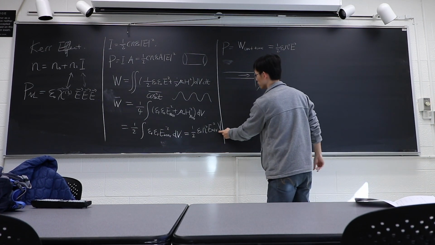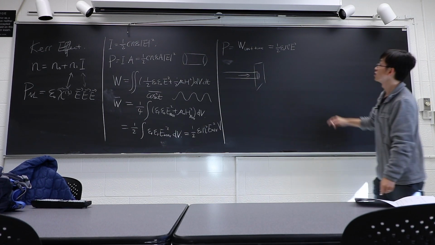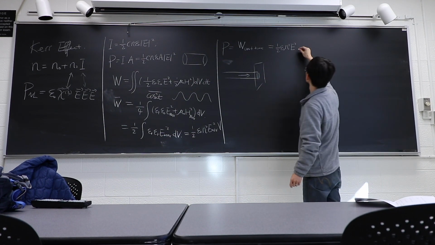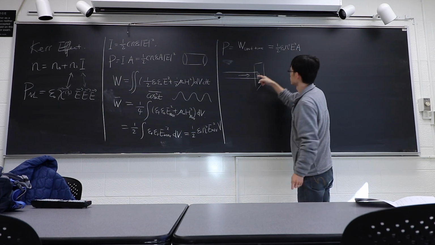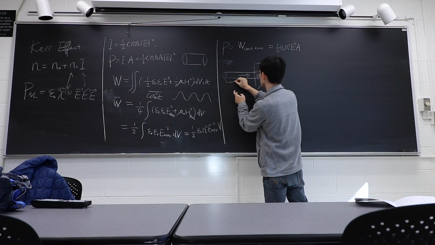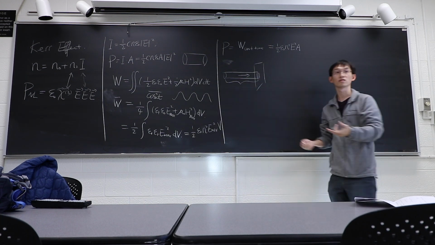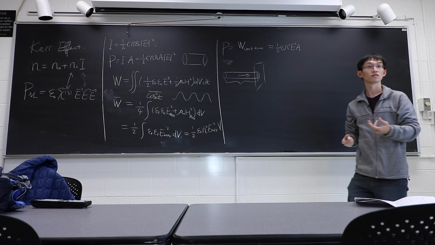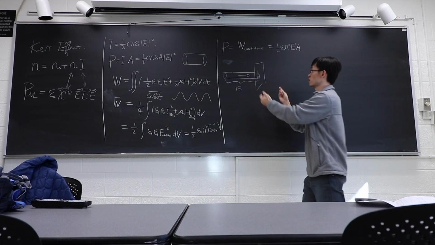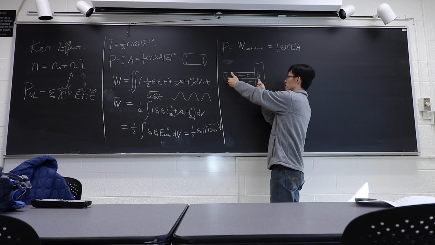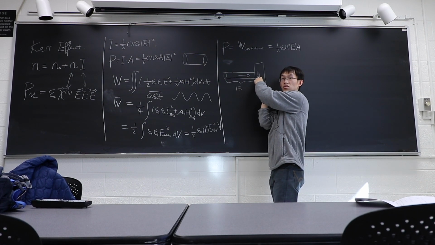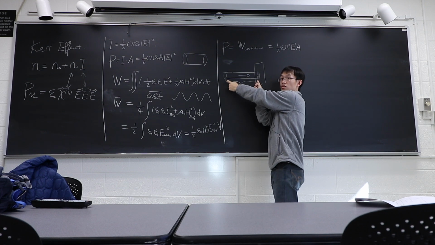And now what's the volume? The volume is first the area of your beam, A, and then the distance light propagates in 1 second. So all this EM field is going to hit this detector in 1 second. That's the volume of your light.